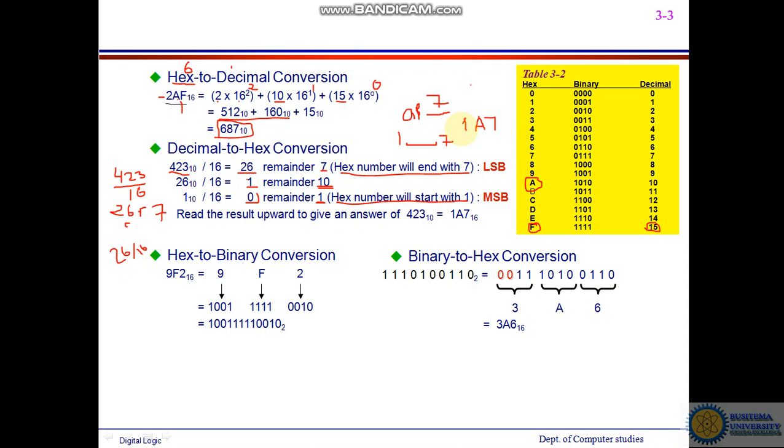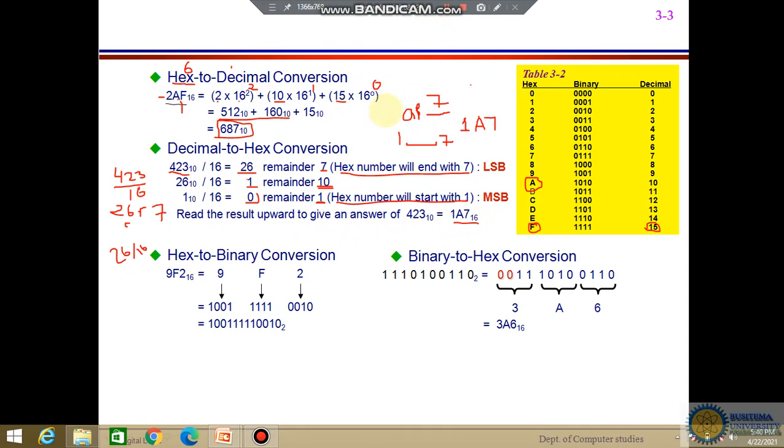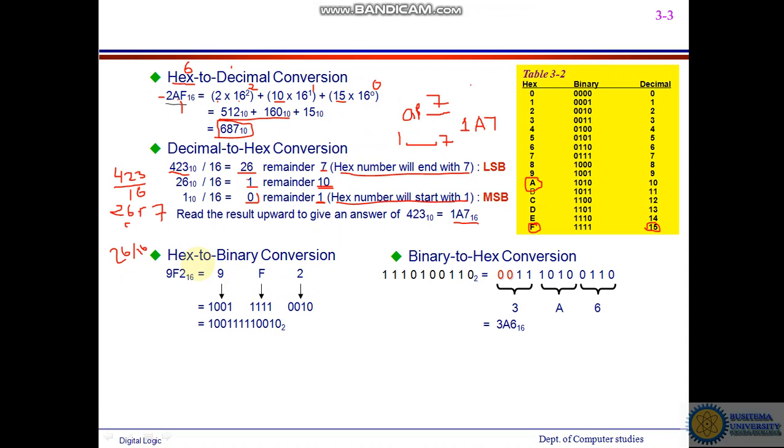So that means that our number, which is 423 base 10, is equivalent to 1A7 in hexadecimal.